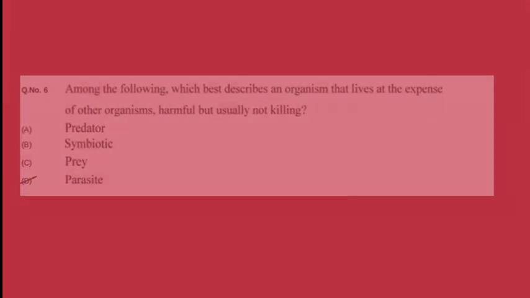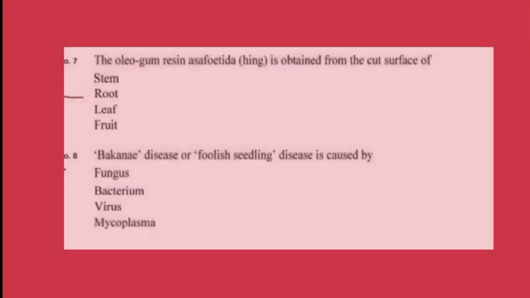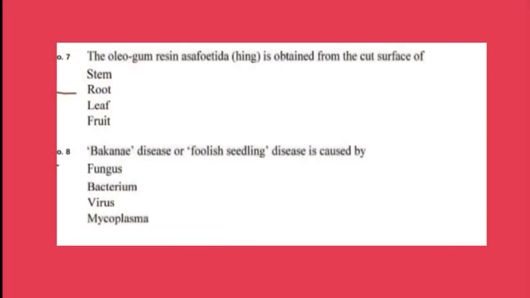Then the next question: Oleogum resin, that is Asafoetida, hing, is obtained from the cut surface of. Asafoetida is an oleogum resin, the exudate of roots of Ferula asafoetida.